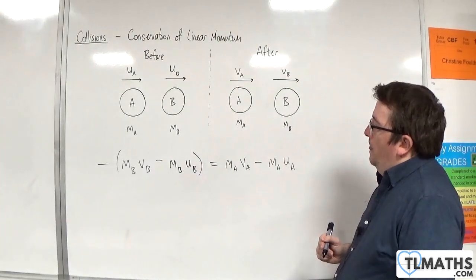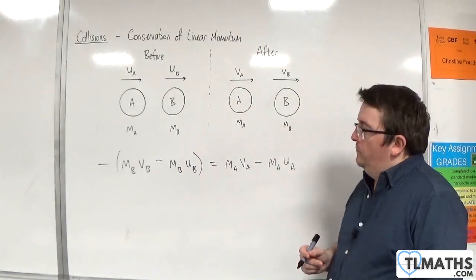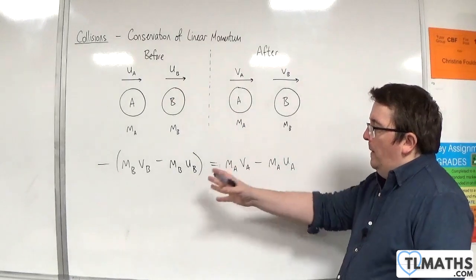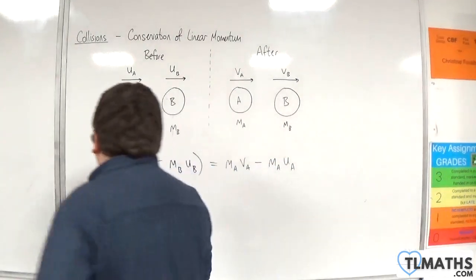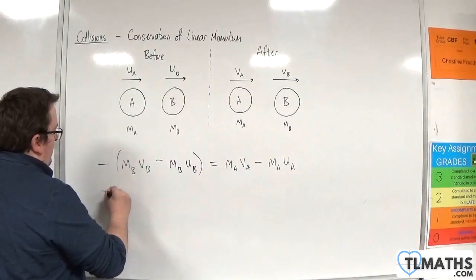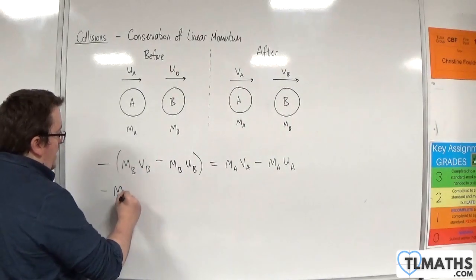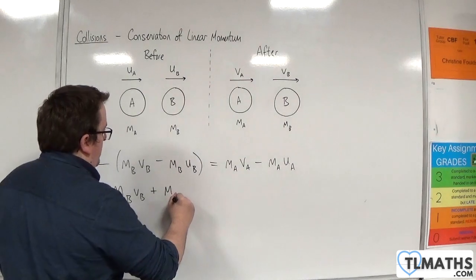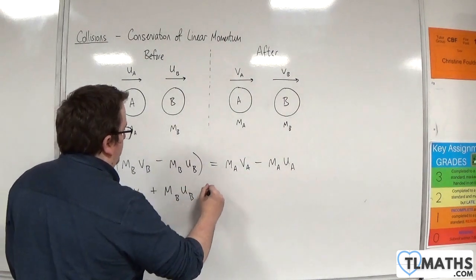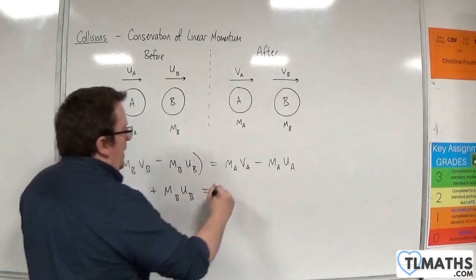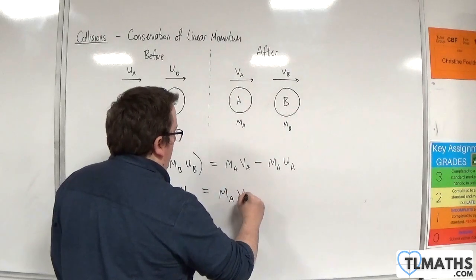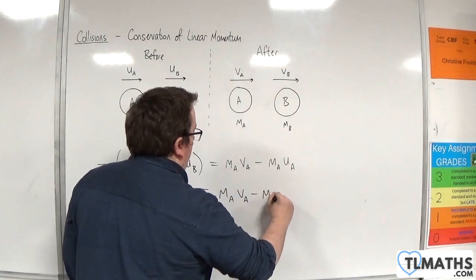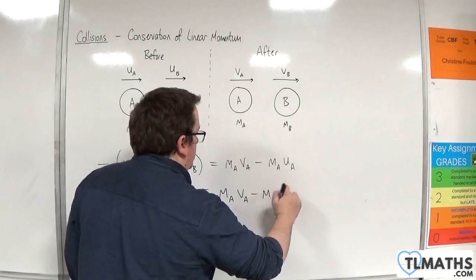Right, so what I'm now going to do is expand that bracket out and rearrange it slightly. So we would have minus MB VB plus MB UB is equal to MA VA take away MA UA.